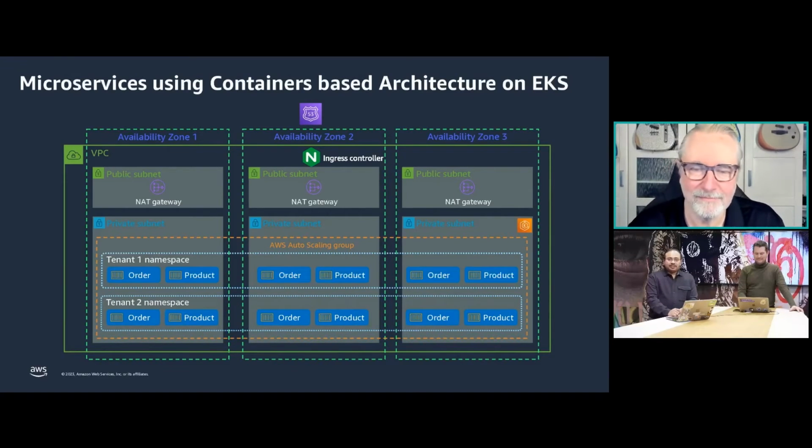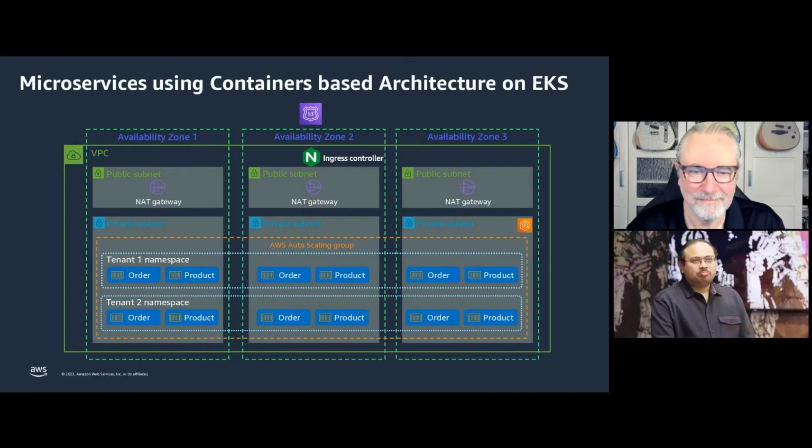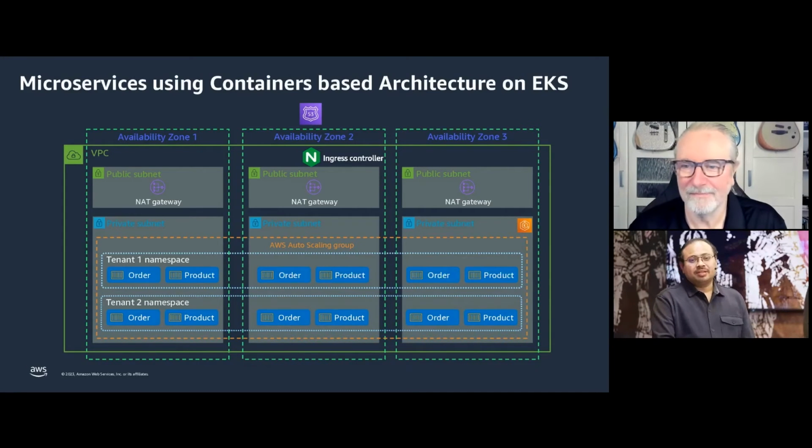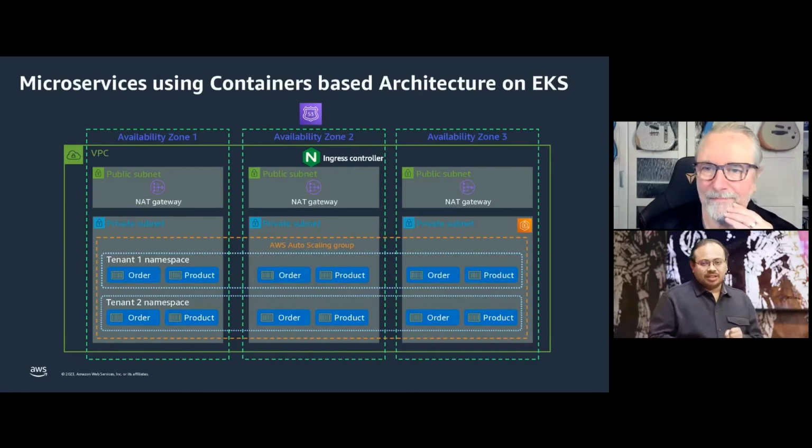Yeah, definitely. At AWS, we've published some reference architectures on using Kubernetes, or Amazon EKS, Elastic Kubernetes Service, to build SaaS applications using container-based architectures. There are multiple choices. We see customers using Docker-based containers and deploying them on Amazon Elastic Container Service.